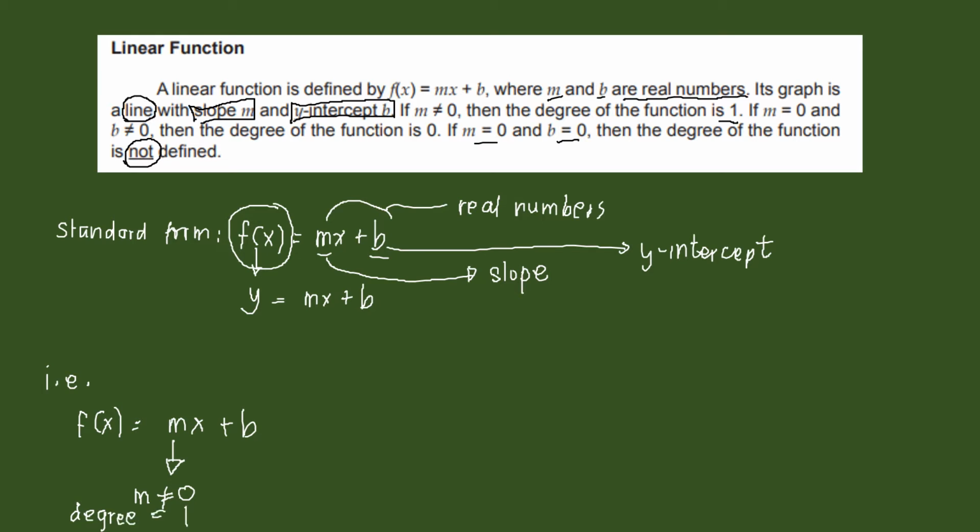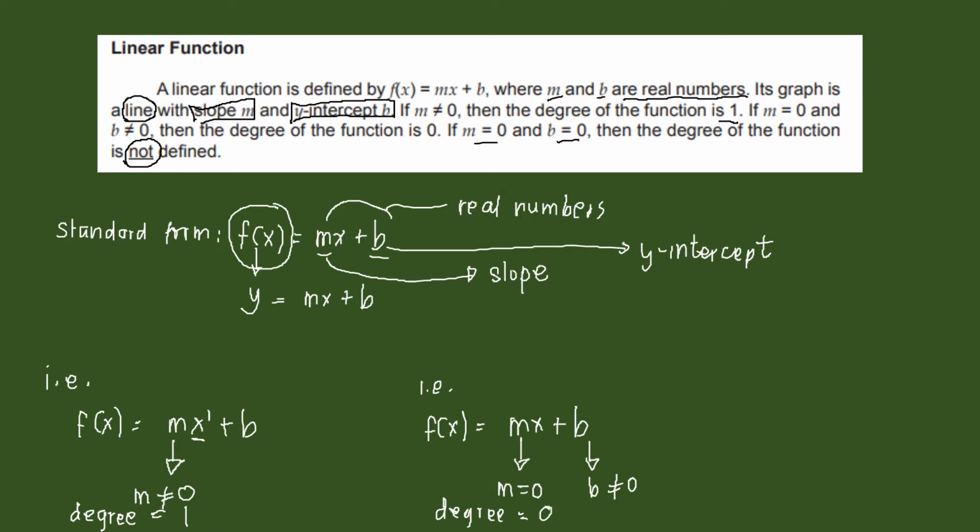So, that means the highest exponent is 1. As you can see here, in f of x equals mx plus b, the highest exponent of x is 1. If, for example, f of x is equal to mx plus b, and then m becomes 0, and b is not 0, it's any number, the degree now is 0.